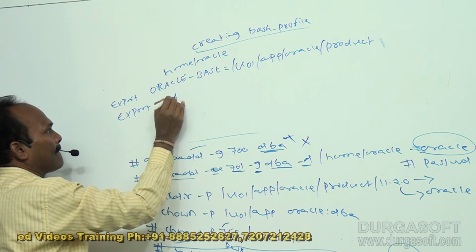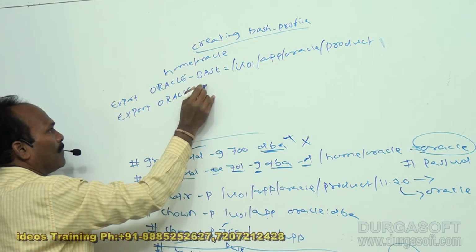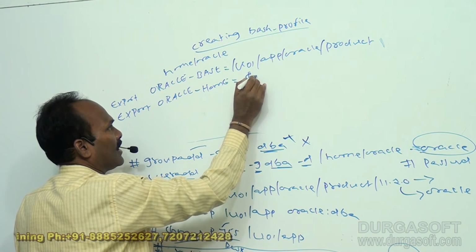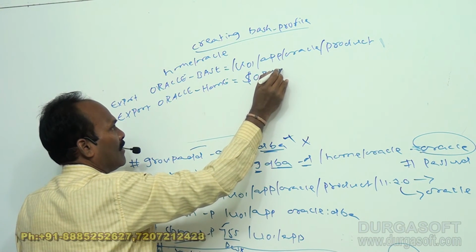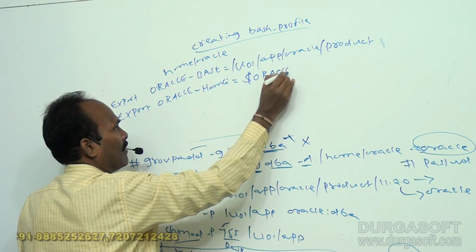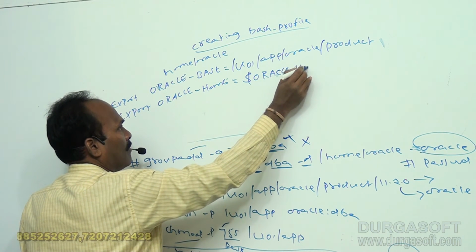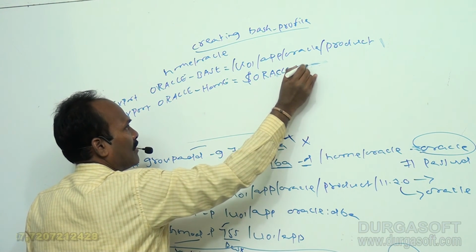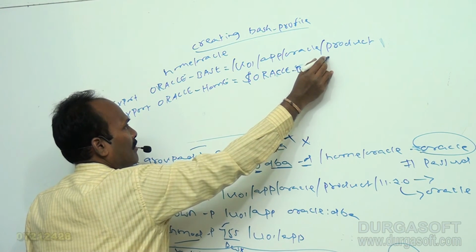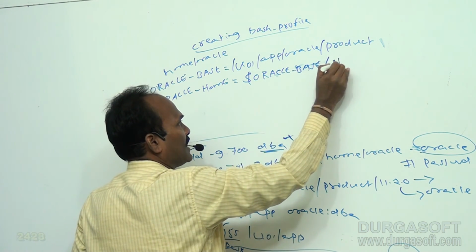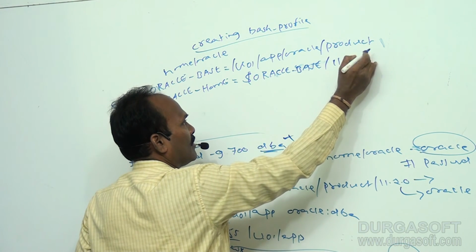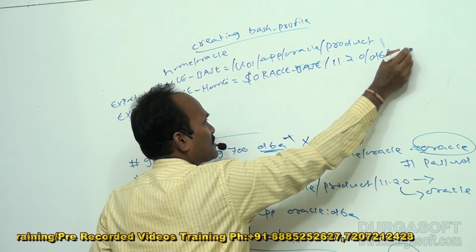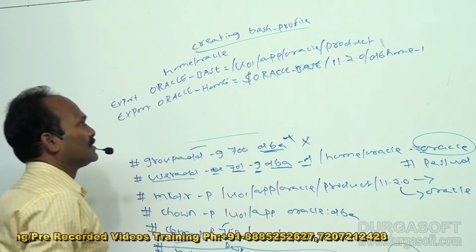ORACLE_HOME equal to $ORACLE_BASE, sorry, this is ORACLE_BASE, /11.2.0/dbhome_1.